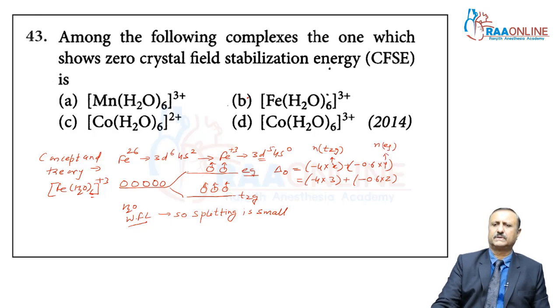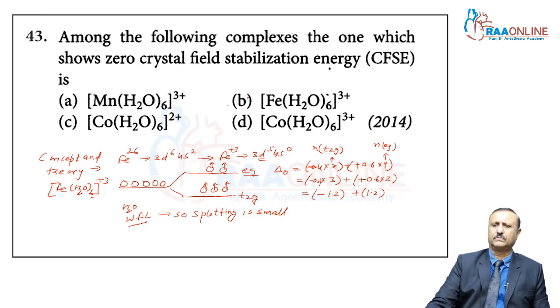So you put the number of electrons, 3 and 2. You get -0.4 times 3, which is -1.2, and +0.6 times 2, which is +1.2.